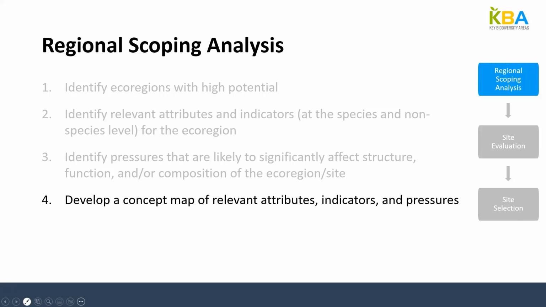In a way, this is considered optional, but it is highly recommended because it would help you keep track of the indicators that you have either provided information on or that you will need to provide information on. And at the same time, when you submit the proposal to the Secretariat, it can also help the reviewers understand the key relationships at the site.